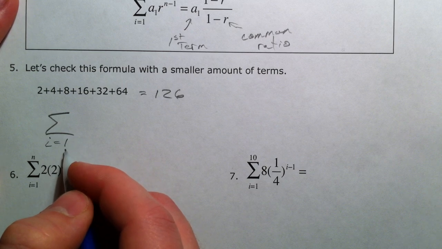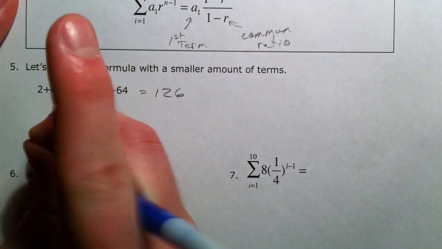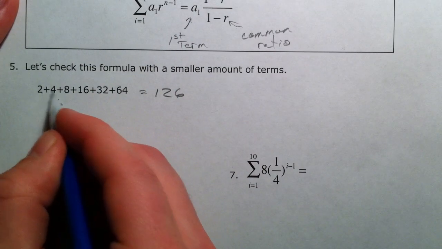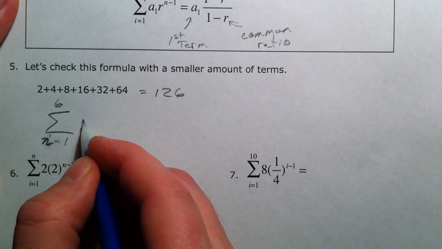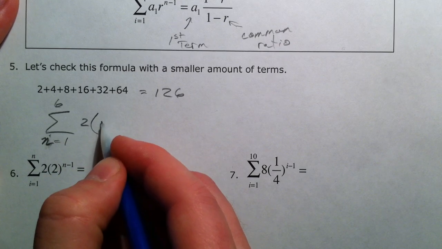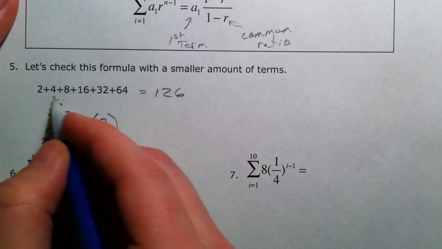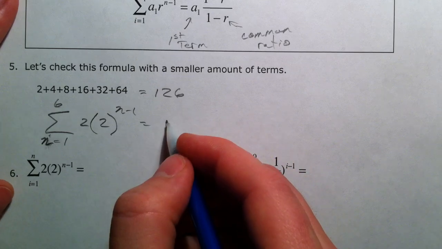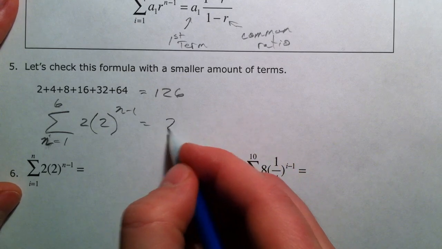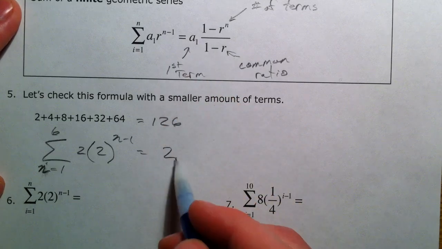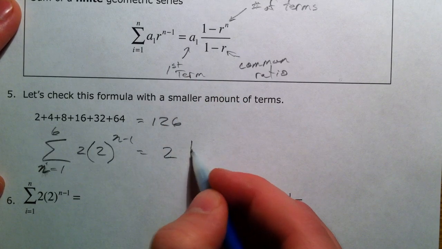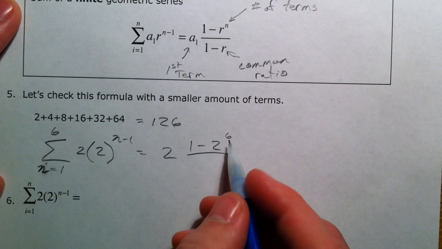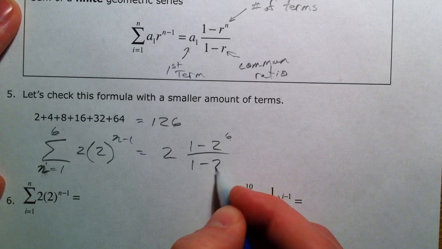Starting at 1, and let's use n since we're used to n, and go to 6 because we have 6 terms, and the first term is 2, common ratio is 2, because you're multiplying by 2 every time, 2 to the n minus 1. So we have our first term, 2, which is a sub 1, times 1 minus our common ratio of 2 raised to the 6th power, so that's how many terms we have, over 1 minus 2.